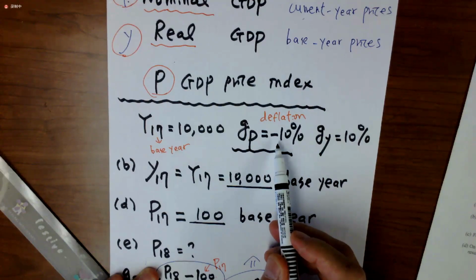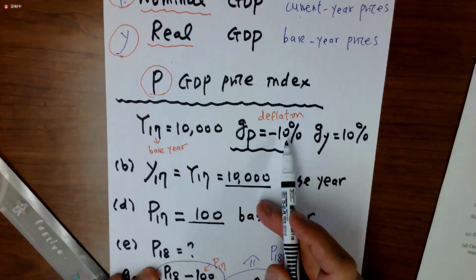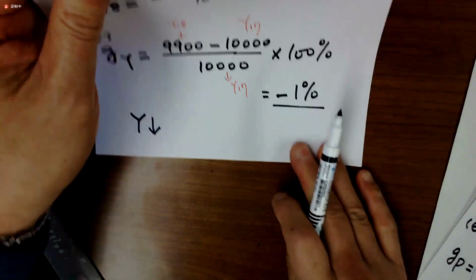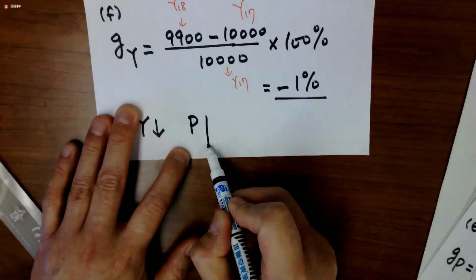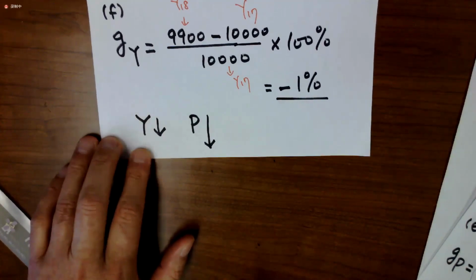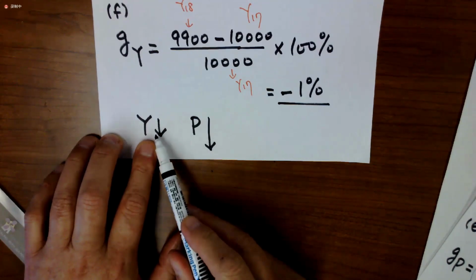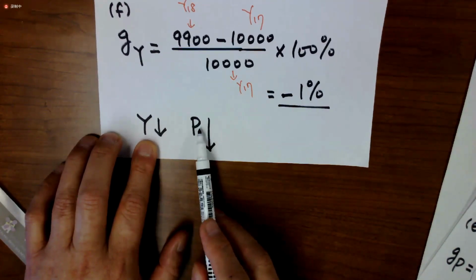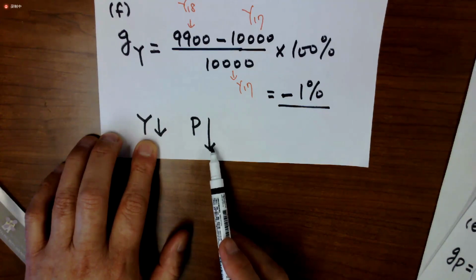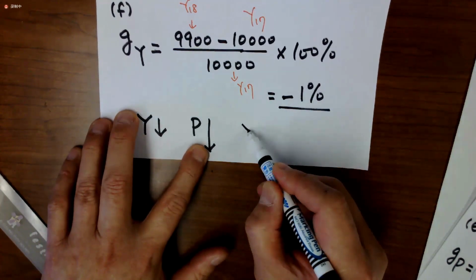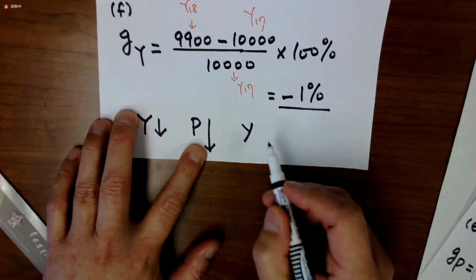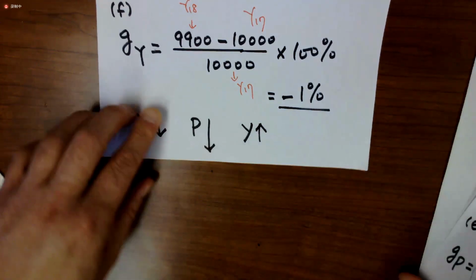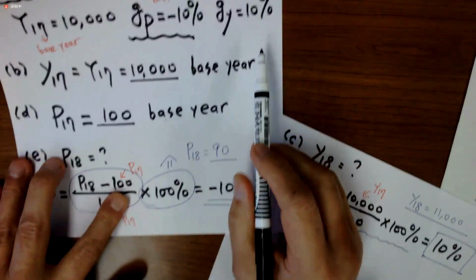Yeah? Good. 10%, right? So in this economy, price is also falling, and by a larger percentage. Nominal GDP falls by 1%. Price falls by 10%. Agree? Yeah. Good. So therefore, what happened to my real GDP? The real GDP actually goes up by 10%.